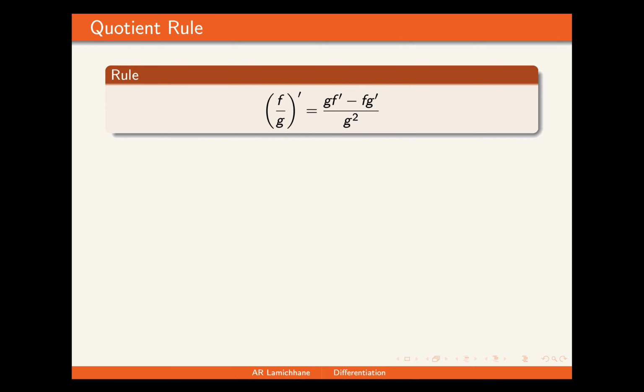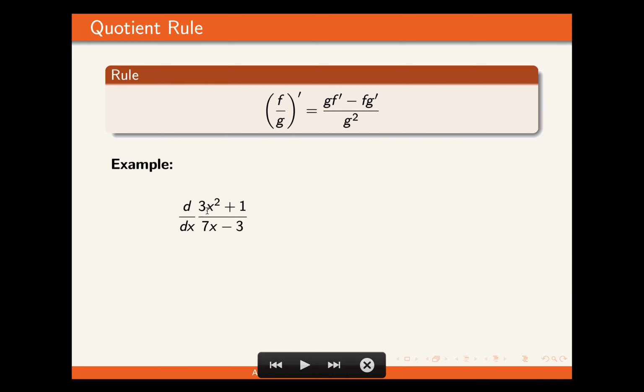Let's try to see an example. Let's say our goal is to find the derivative of 3x squared plus 1 divided by 7x minus 3. So we have a quotient function here, 3x squared plus 1 over 7x minus 3, so we can clearly use the quotient rule here.